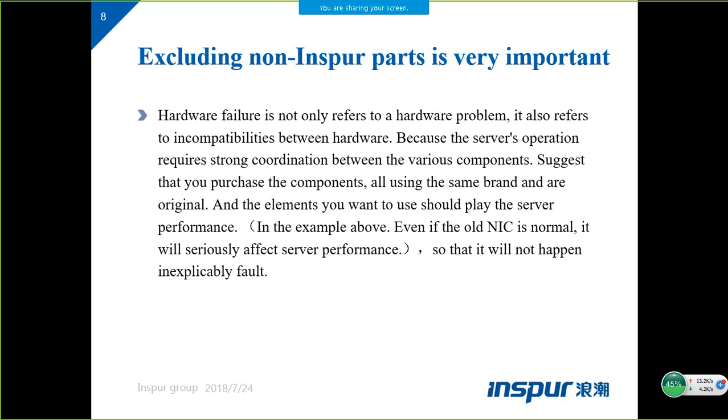So it's a reason why we need to remove the non-inspect parts from inspect server. If there are incompatibilities that make the server unable to power on, even if we do the minimum configuration operation, in this way we still can't find out the problem, the key point.